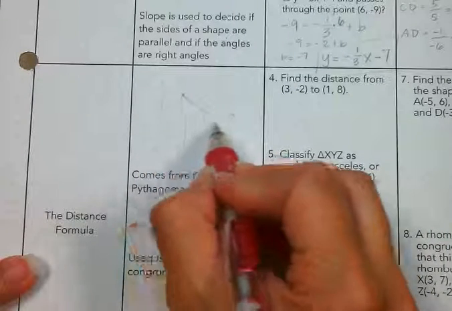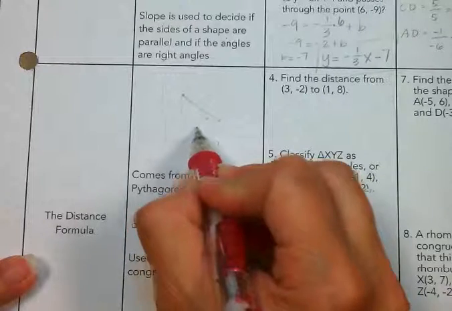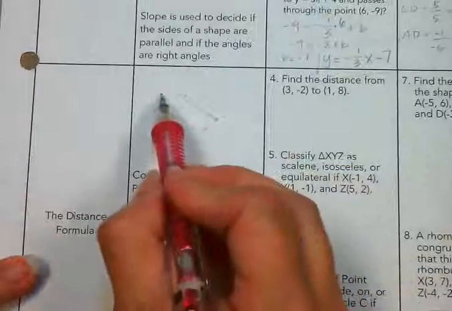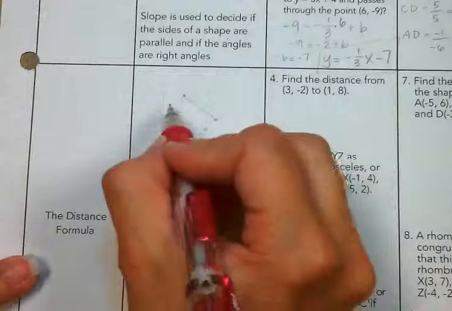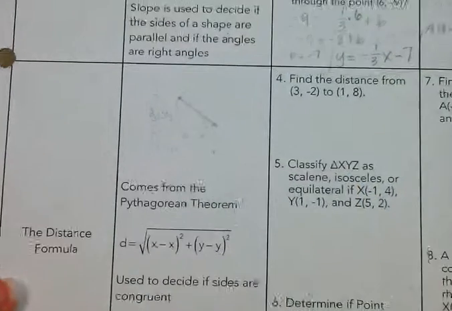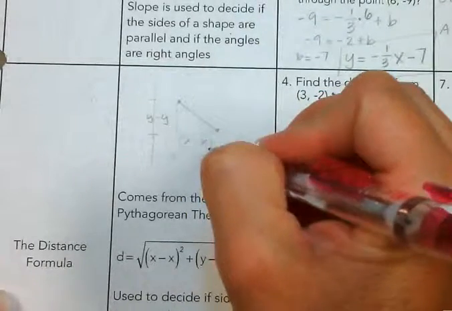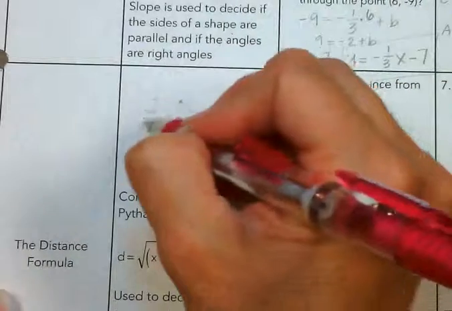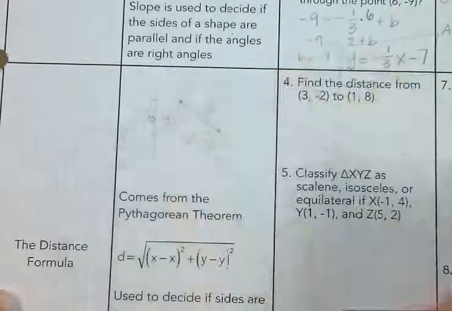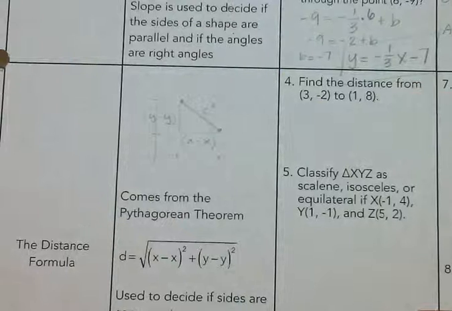And this length right here you would find by subtracting the two x values. And then this length right up here, from here to here, you would find by subtracting the y values. And then using Pythagorean theorem, we would say, well, this side squared plus that side squared would equal that side squared, which means that this would be the square root of that answer.